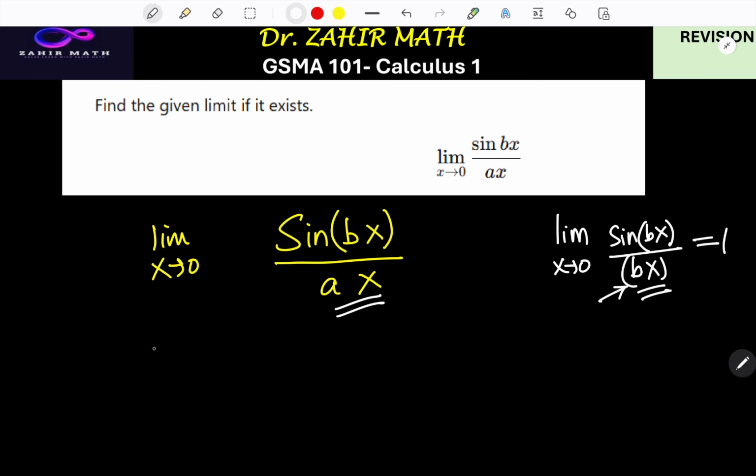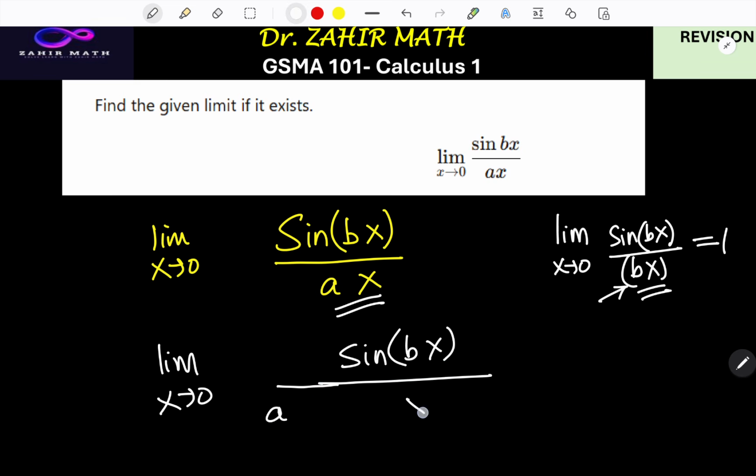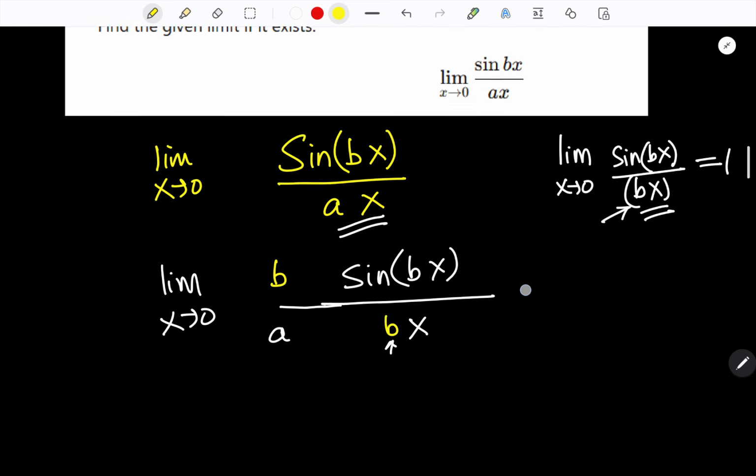No. So what I'm going to do is write the limit as x goes to 0 of sine bx, and then I write x here. Actually in this place I want bx. So I'm going to put b here and b here so that the value is not changed. Cut, same answer.